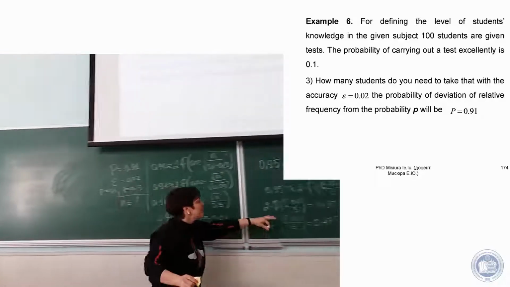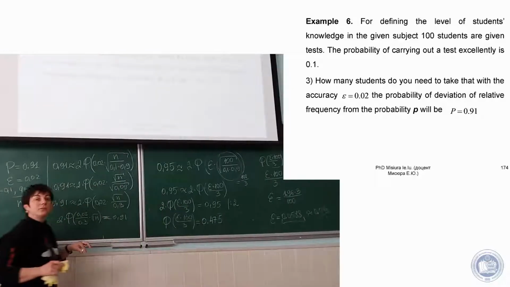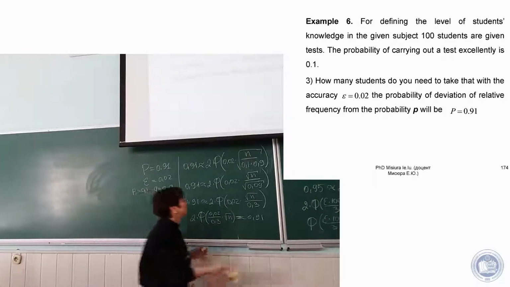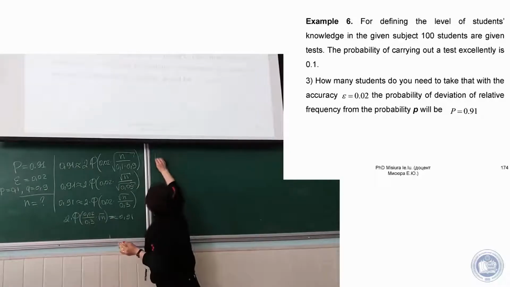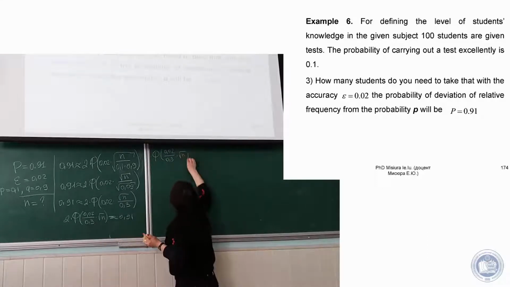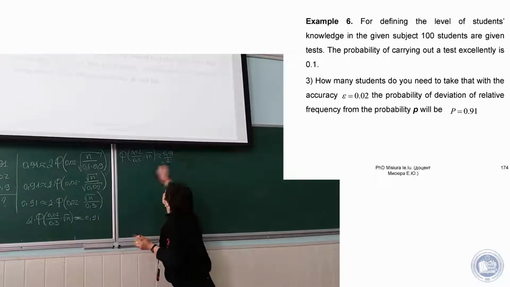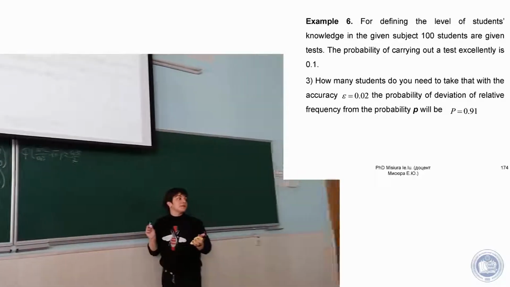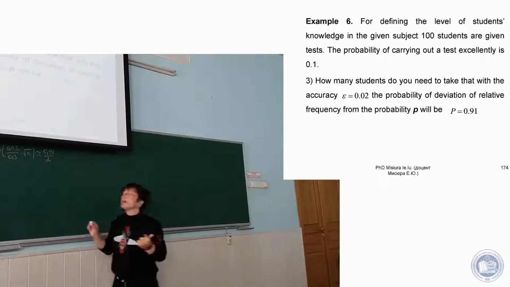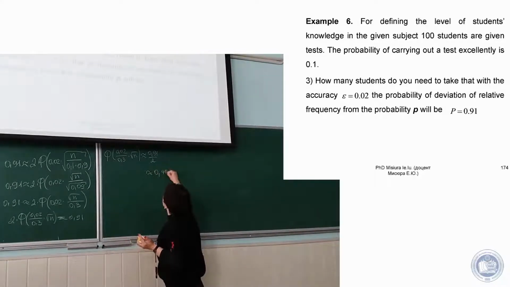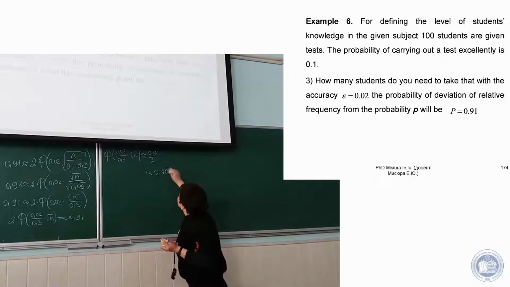Now let's remember the previous example. Let's divide both parts by 2. Okay, we have phi of 0.02 divided by 0.3 times root of n approximately equals 0.91 divided by 2. Students, please calculate this result, 0.91 divided by 2. 0.455.